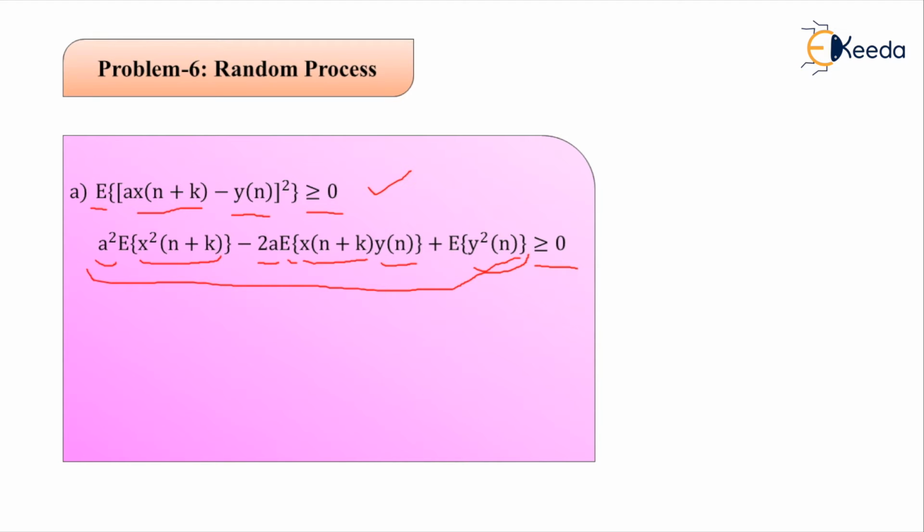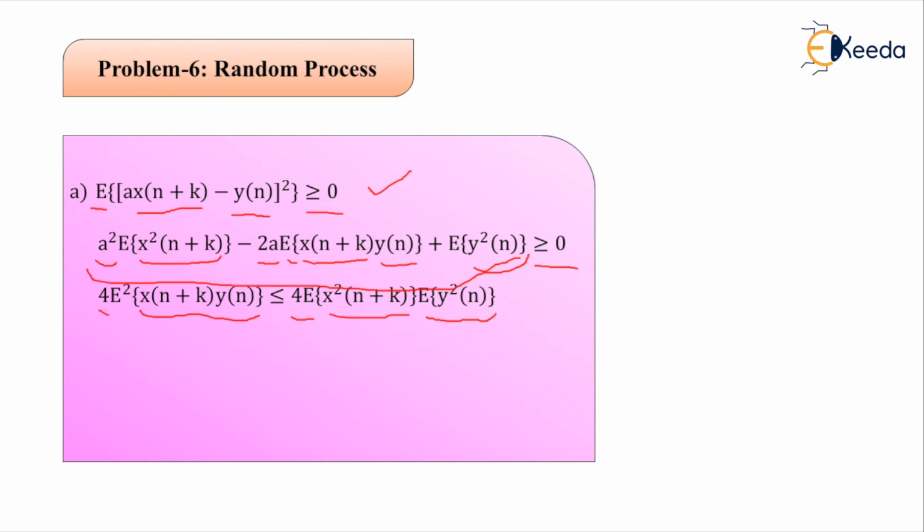So from this relation we can write the further expression: 4 times the square of the expected value of x of n plus k multiplied by y of n is less than or equal to 4 times the expected value of x square of n plus k, multiplied by the expected value of y square of n.